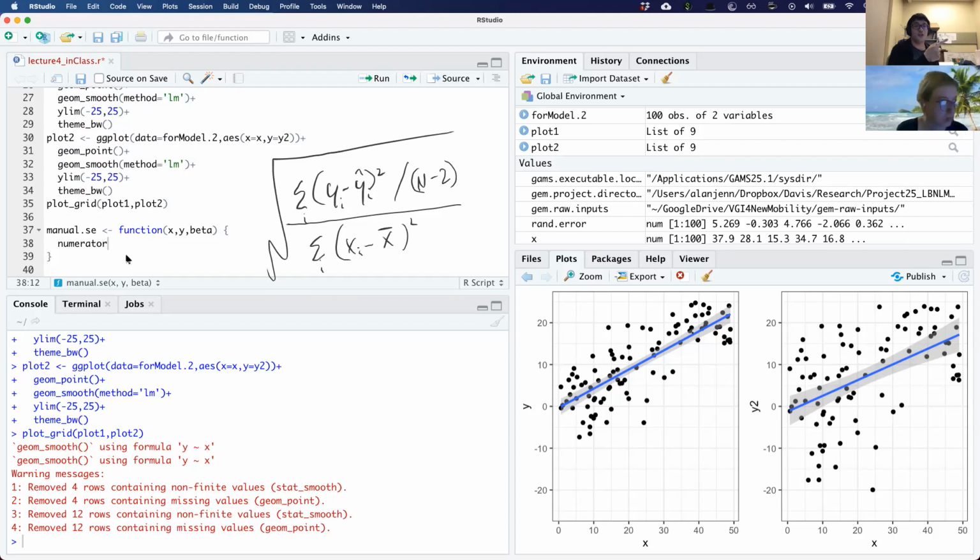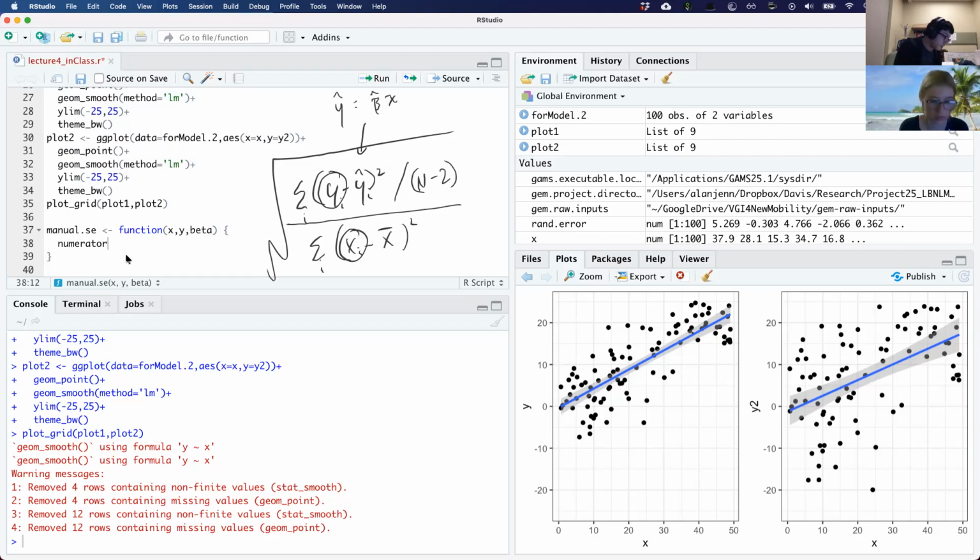So all I'm going to do is write a custom function in order to calculate the standard error. The values that I need are my y's and my x's. And then I'm also going to need my betas to calculate this, because y hat is equal to beta x.